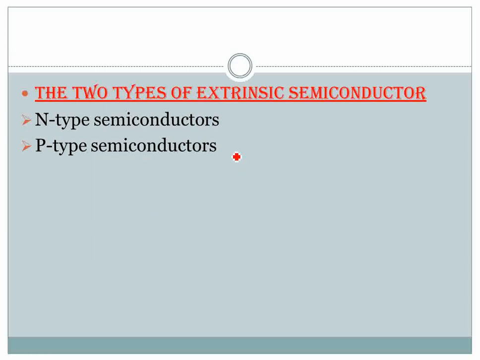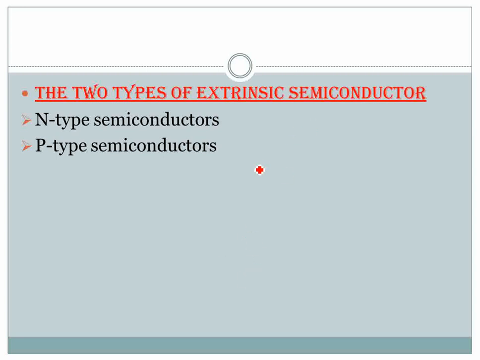Here it is n-type. A fifth group element, a pentavalent impurity, is added to a pure semiconductor.